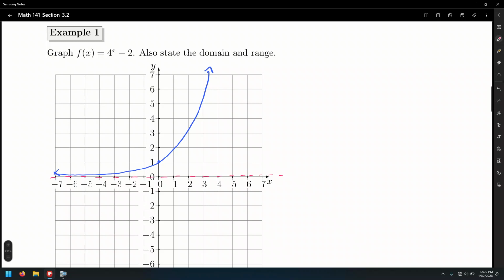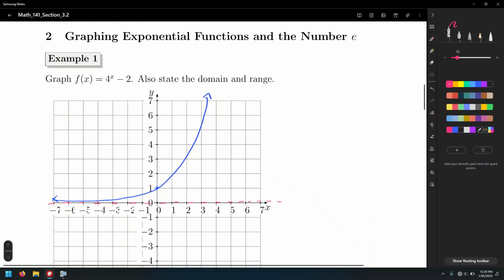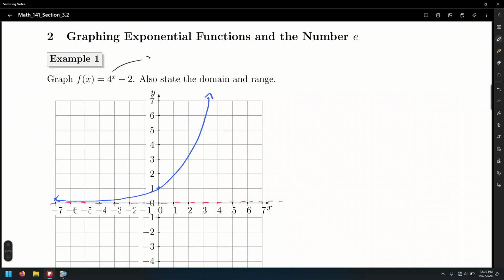Using shiftings and transformations, we can pretend that we don't have the -2 essentially. So its parent graph is f of x equals 4 to the x, which is the graph I have over here.